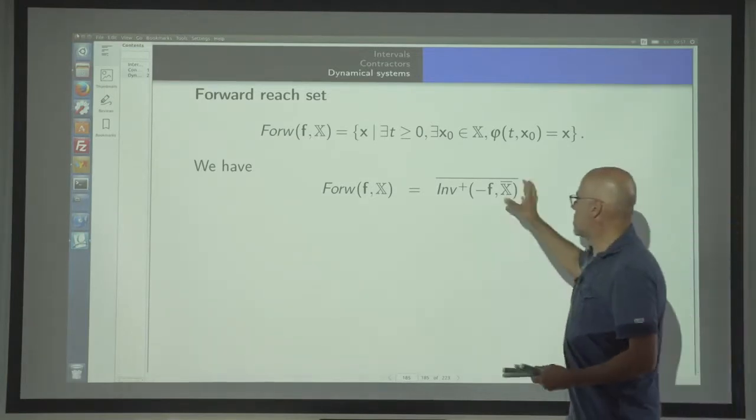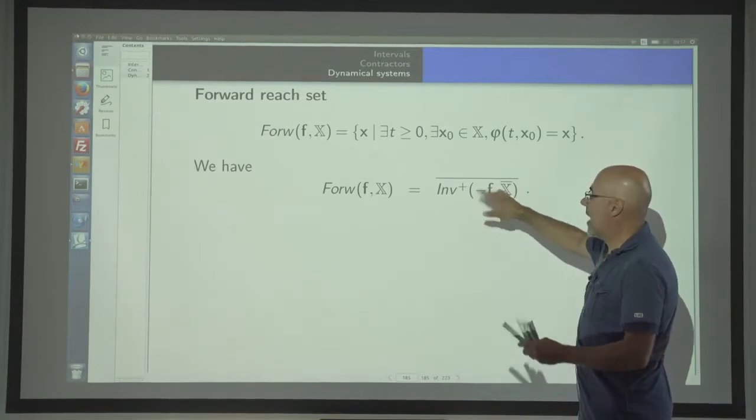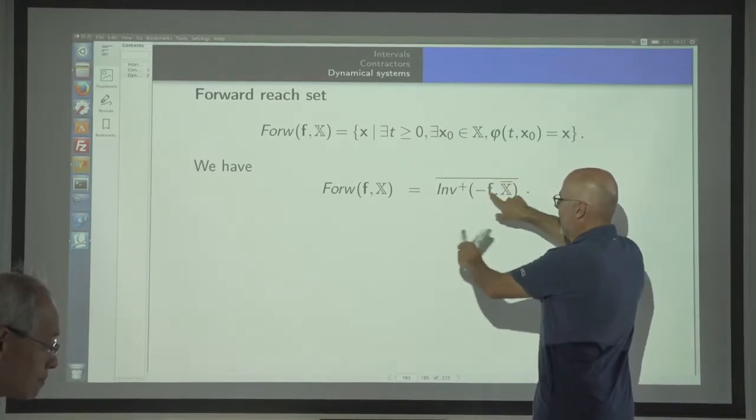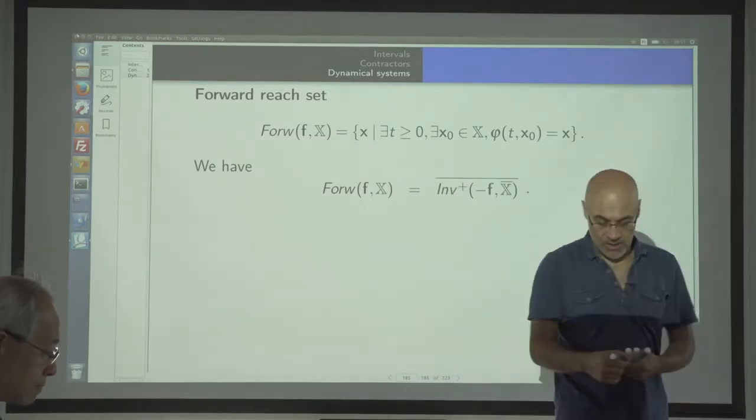Okay, so the forward reach set can be expressed in terms of invariant sets. How can I do this? I take the complementary of this set.